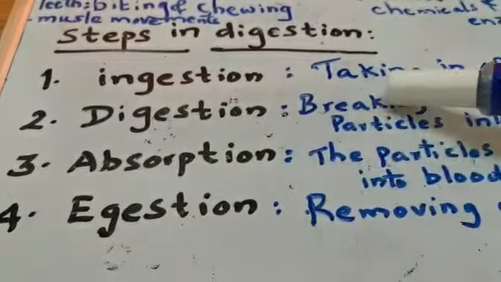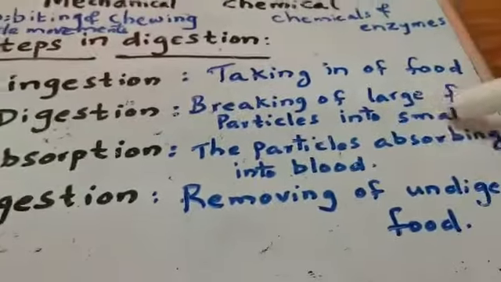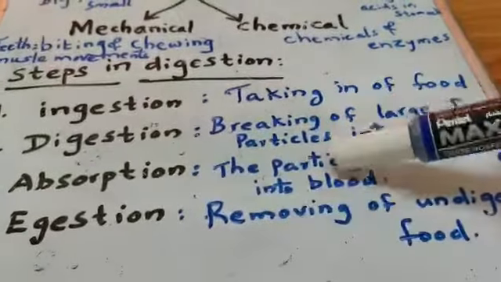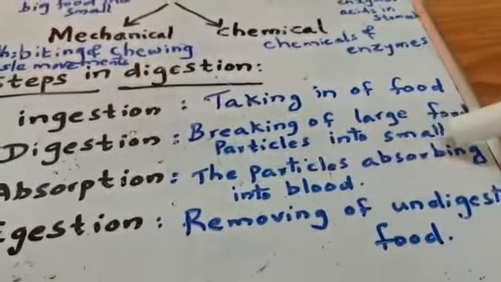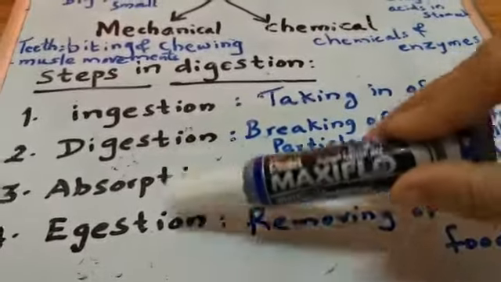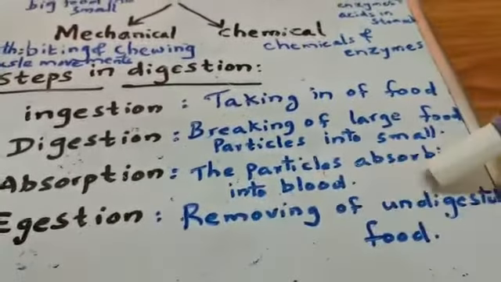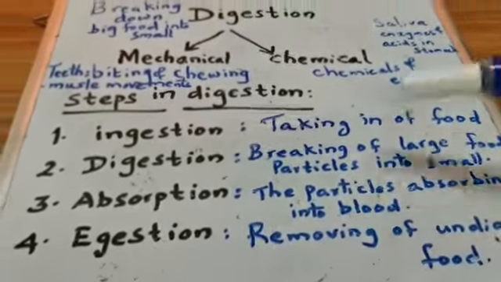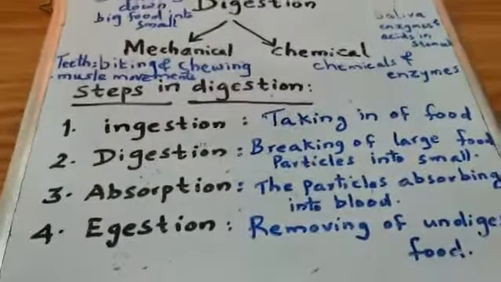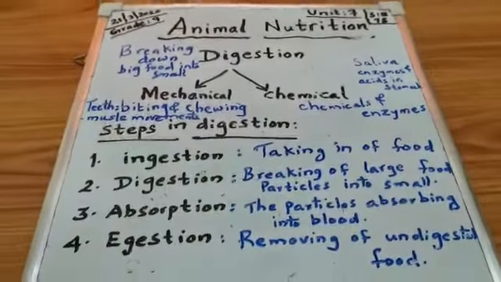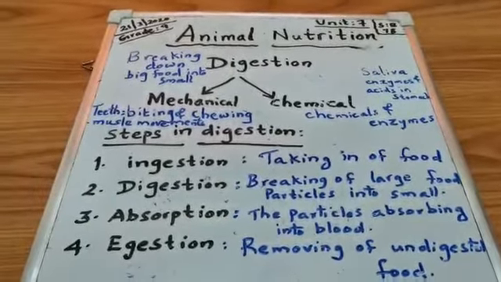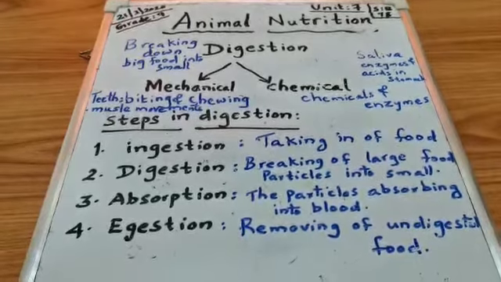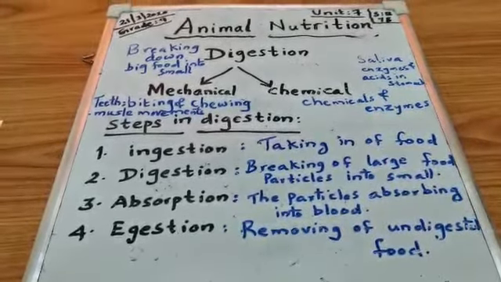Digestion, breaking the food into smaller pieces. Then absorption, absorbing vitamins and minerals into the blood. Then egestion, removing the undigested food or waste particles from our body. These are the main steps of digestion. Now we can discuss more about the process of digestion.